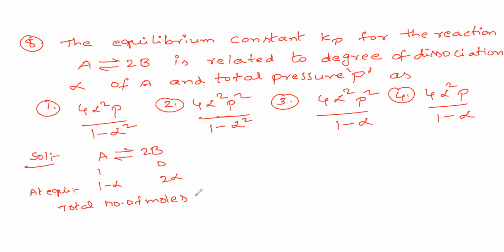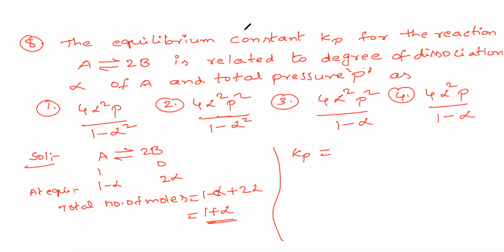Because we need to find the mole fraction also. The total number of moles is 1 minus alpha plus 2 alpha, which is 1 plus alpha. Now we know the total number of moles. So Kp for this reaction is the partial pressure; first we need to find the partial pressure of A and of B.